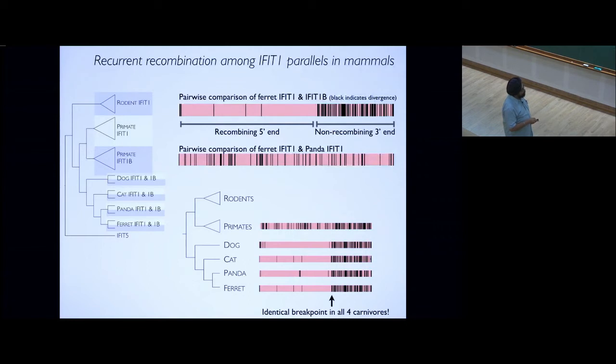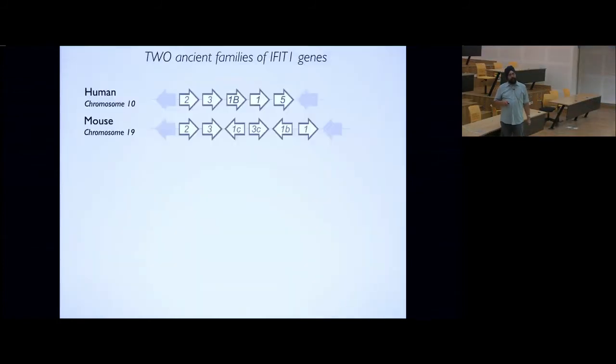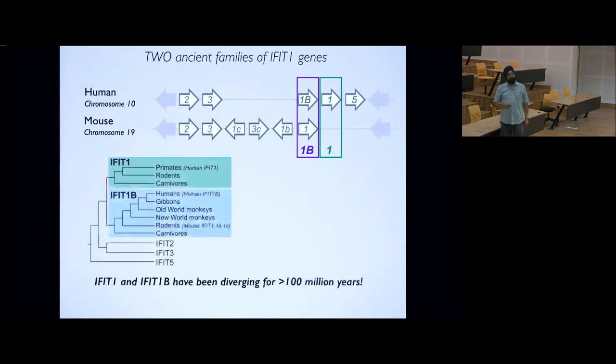So dog and cat and panda and ferret, they all have a recombination breakpoint independently at exactly the same codon, unbelievably. So what that means is, if you correct for this finding, and you do a phylogeny based on just the first two-thirds or just the last third, you can quickly resolve this by focusing just on the last third, which is actually a truer indication of the true evolutionary history of these genes.